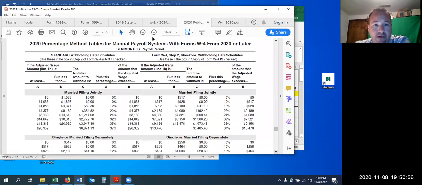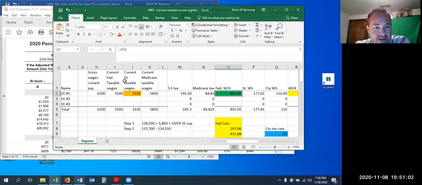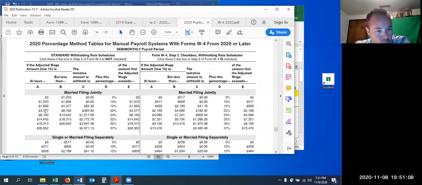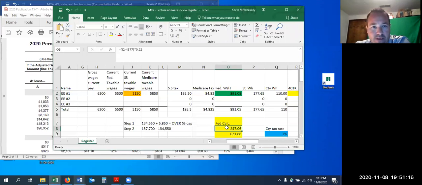All right, so semi-monthly, box 2 is not checked, so we're looking here. We need to go back and look at his federal taxable wages. It's $5,500. So that puts us right here in row 4. So we're going to take 5,500 minus the 4,377, and that's what I did here.